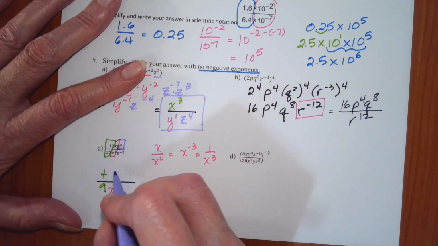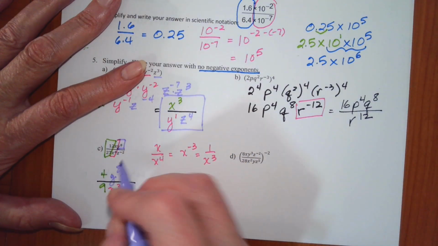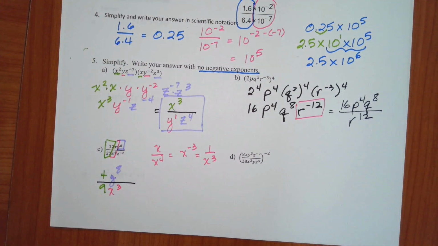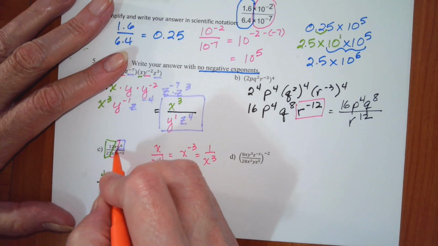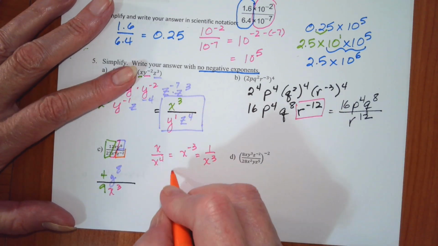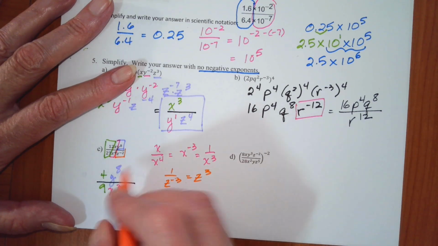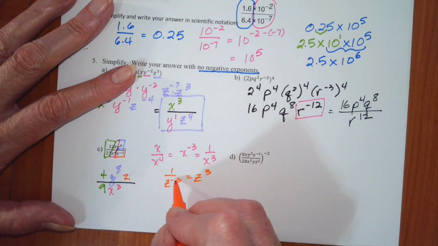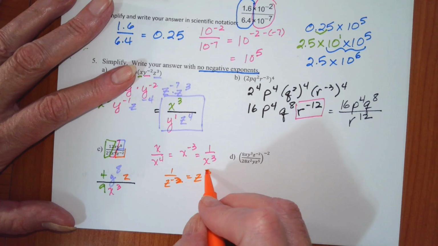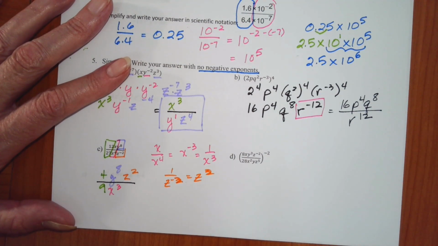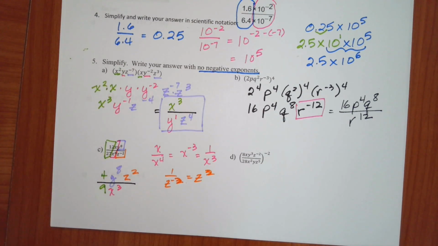My y's are fine, so my y to the eighth can go in the numerator. And finally, my z to the negative 3, 1 over z to the negative 3 equals z to the 3. So I'm sorry, to the 2, excuse me. So z to the second goes in the numerator. And there's your answer.